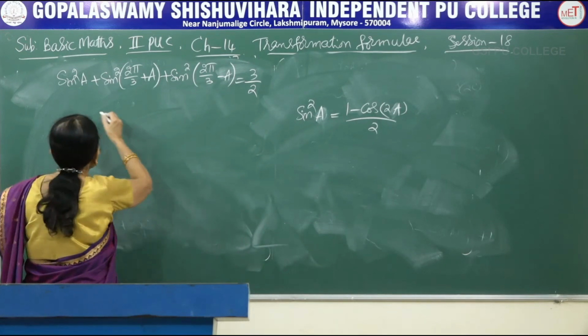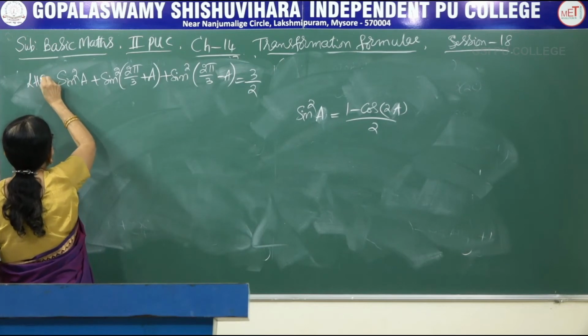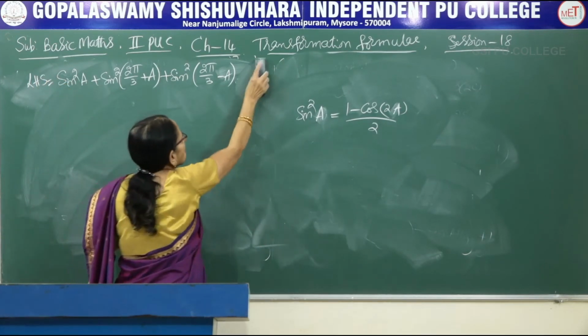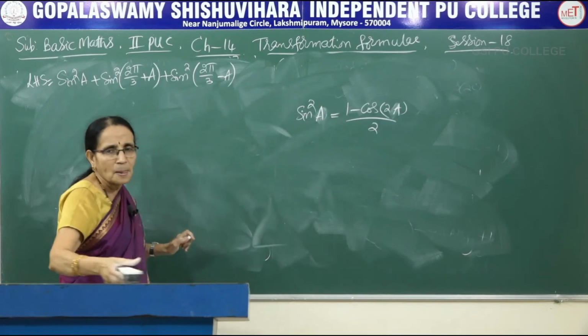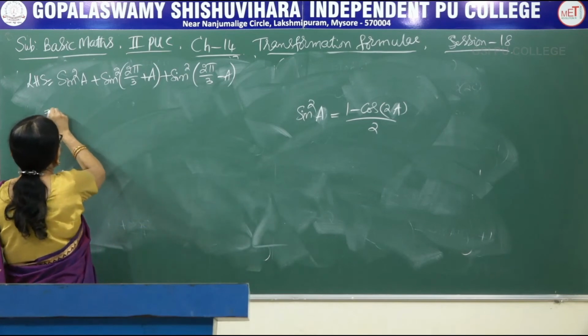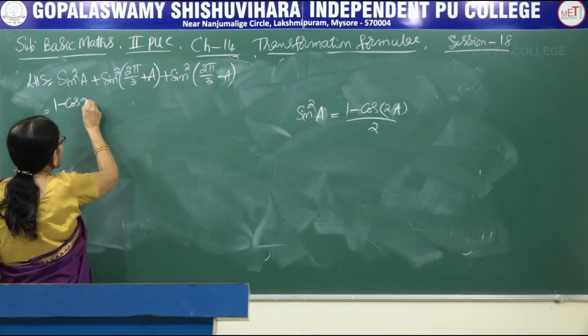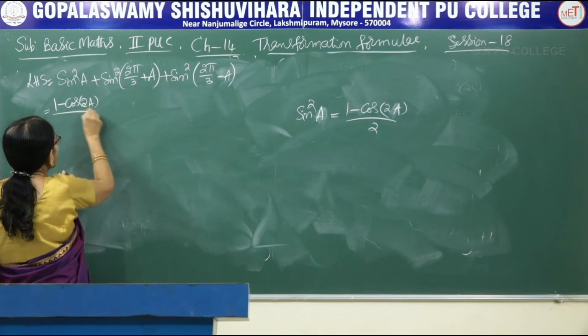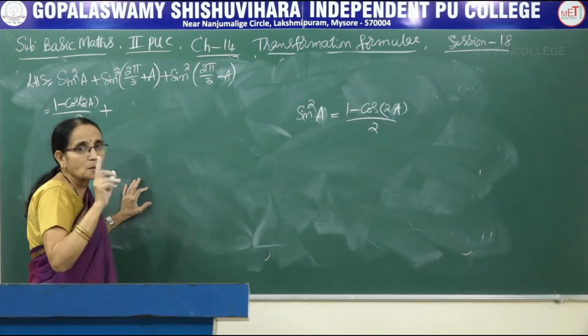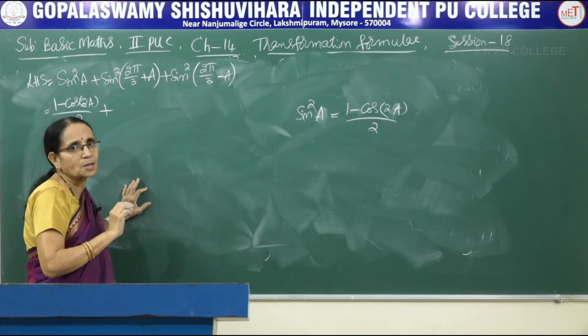Suppose you use that result. Now start with the left hand side. Let me use that formula and write all the terms carefully. First one, 1 minus cos of 2A divided by 2. In each step, do only one calculation.